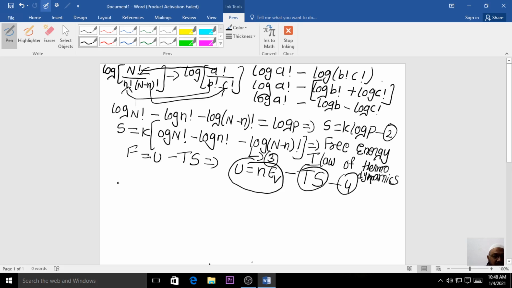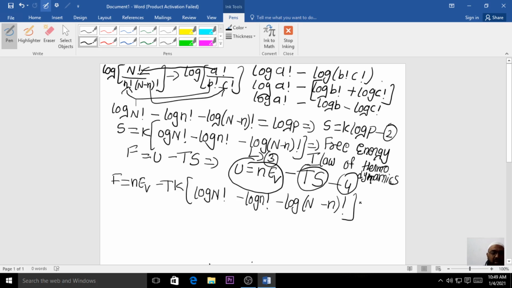Now this term is separate and we'll write F is equal to n into EV minus T into S, and S you can write as K times log n factorial minus log small n factorial minus log of capital N minus small n factorial.